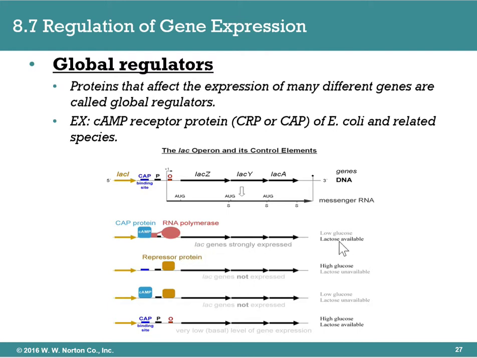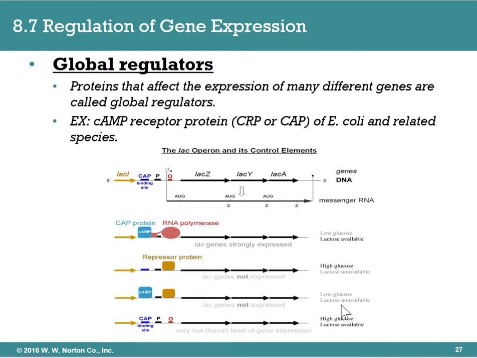Okay, so now the next one is where we have high glucose but no lactose. With no lactose, the CAP protein will not bind, but the repressor will, because no lactose is available. And with that, genes will not be expressed.